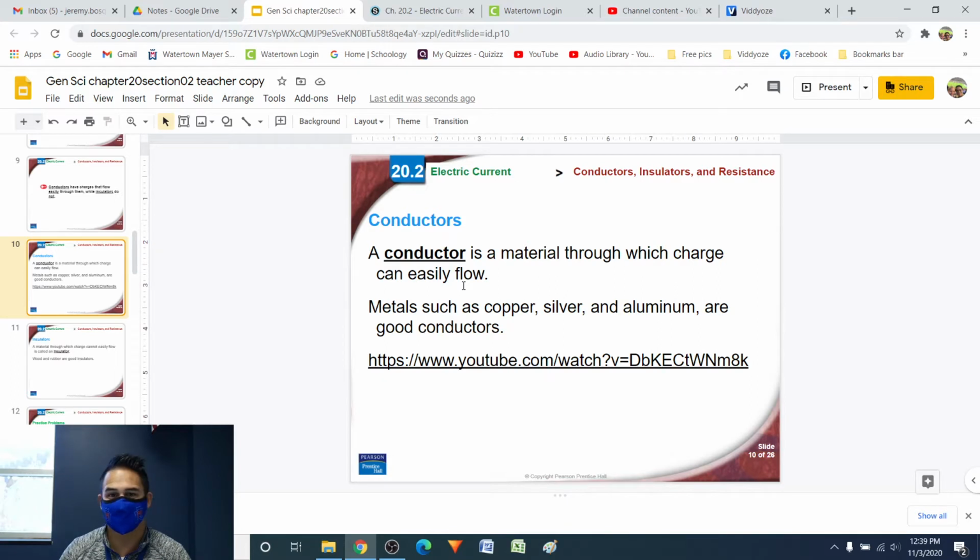Obviously, the problem with that is that gold is very expensive, so we can't make all of our wires and stuff out of gold. But if you ever get very high-end electronic equipment, you might notice that the plugins or things like that are gold-plated, right? You can look at it and it looks gold. That's because it actually has gold on the surface.